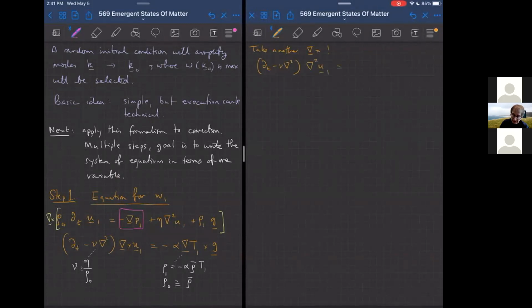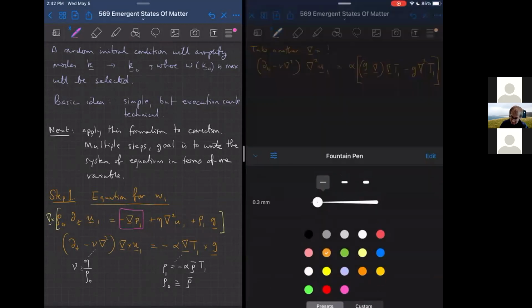And then on the right-hand side, I have alpha, the expansion coefficient. And now I've got curl acting on grad T1 cross G. That gives you G dot grad acting on grad T1 minus G del squared T. Let me just annotate this.